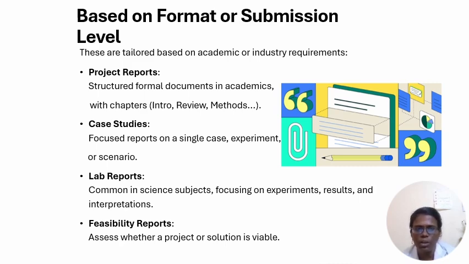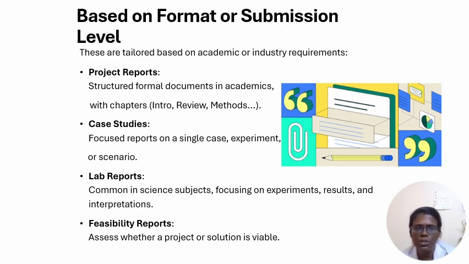Case studies are focused reports on a single case, that is, experiments or scenario. But the project report is different: structured formal documents in academics with chapters like intros, reviews, and methods. So this is the format and submission categories.